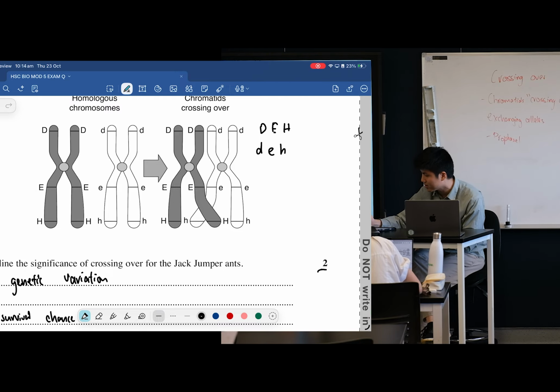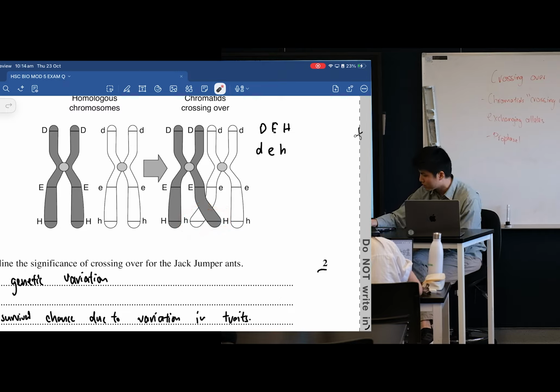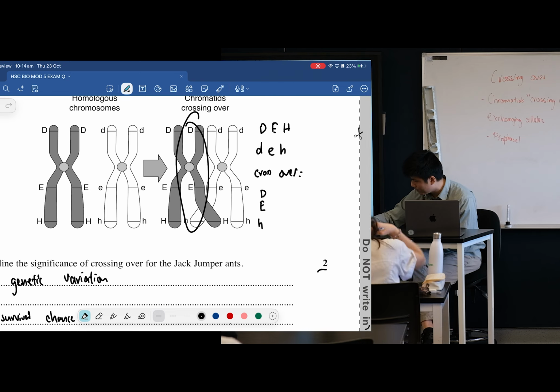We can see in the diagram, crossing over happens at the bottom here, where these 2 genes are. So my 2 crossed over would either be capital D, capital E, and lowercase h, so this one here, or it would be lowercase d, lowercase e, capital H.